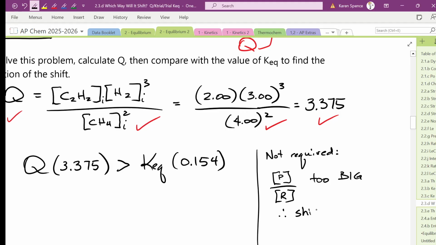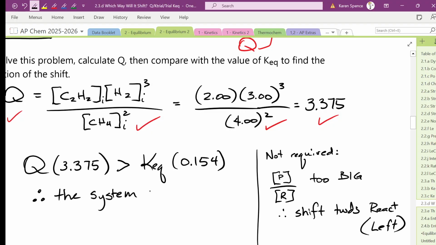Therefore, shift towards reactants. In other words, to the left. Okay? And so then over here, I would just write, therefore, the system shifts left.